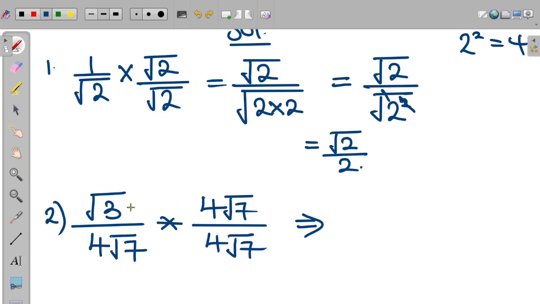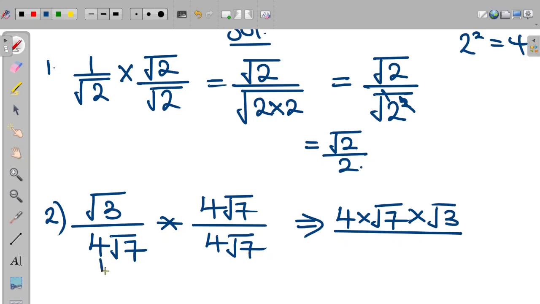So first, let us consider how to simplify the numerator. Root 3 times 4 root 7 gives us 4 multiplied by root 7 multiplied by root 3, all divided by, now at the denominator, 4 root 7 multiplied by 4 root 7.